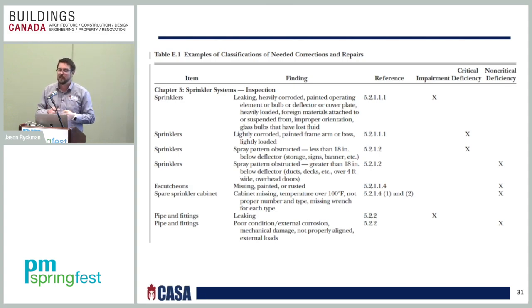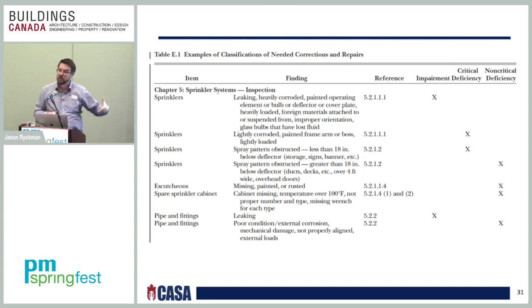Heavily loaded is basically when you see a ton of dust particles on the sprinkler head. I'm sure you've seen it before. It's nasty stuff. There's ways to clean that, preferably with compressed air from a far distance so you don't disrupt the element. But that would be an example of an impairment.